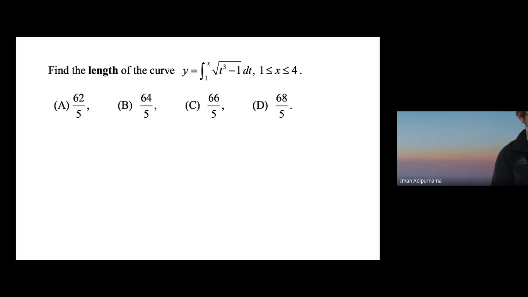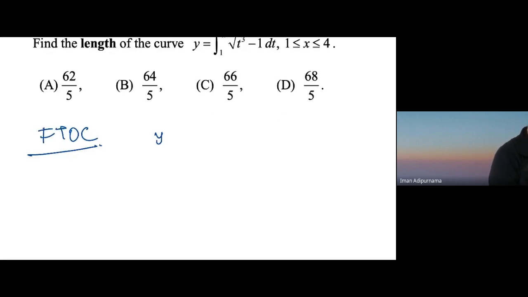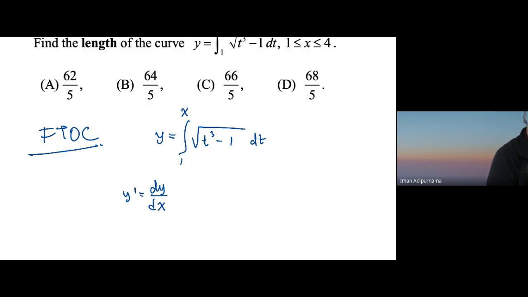Okay, so we may need to review a little bit of chapter 5, the fundamental theorem of calculus. If we have y, then you will have dy over dx, or you can just write y prime, the same. This will result in x cubed minus 1.